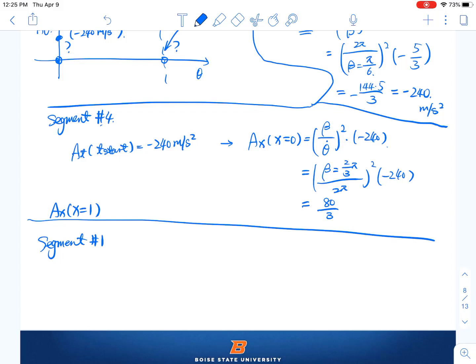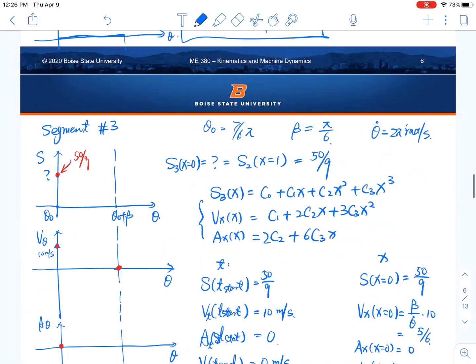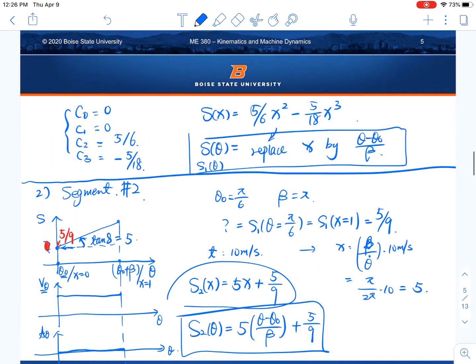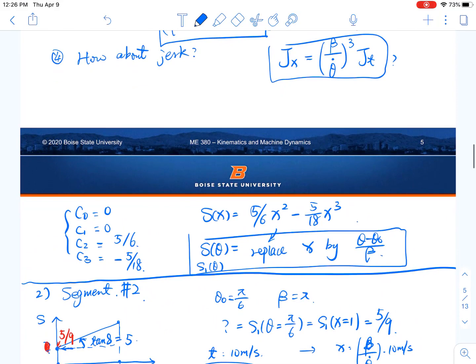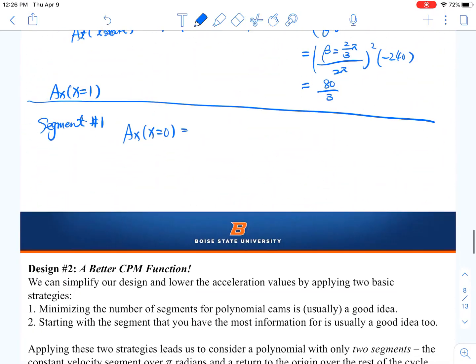In segment number 1, this corresponds to ax at x equal to 0. Let's go back to find your ax. In this case, you have to do the time derivative twice.